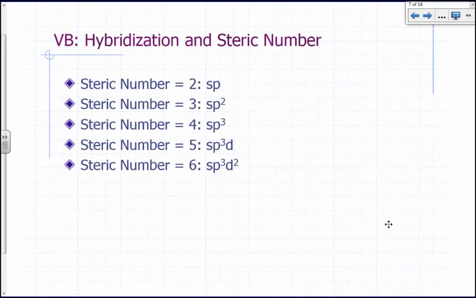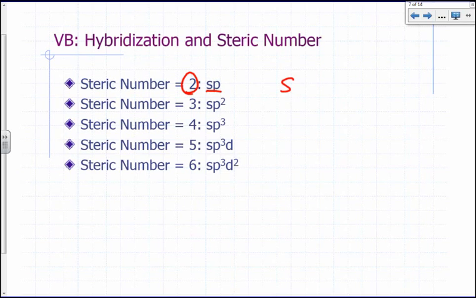In general, we can explain the electron domain geometry that we predict using VSEPR by invoking the following hybridization schemes. For a steric number of 2, as we've seen earlier, we have to invoke sp hybridization.